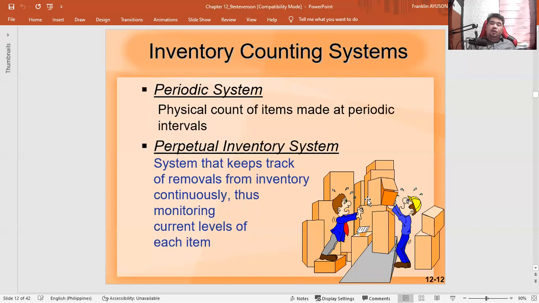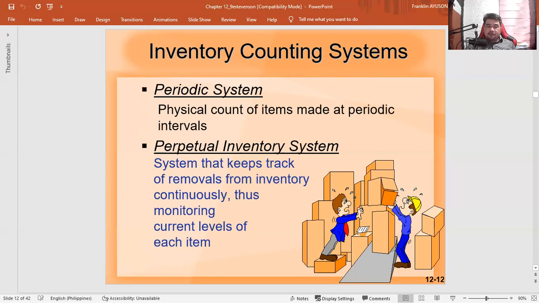So this can be, for example, monthly, quarterly, or annually. And so merong periodic system of counting our inventory. On the other hand, you have what you call a perpetual inventory system.